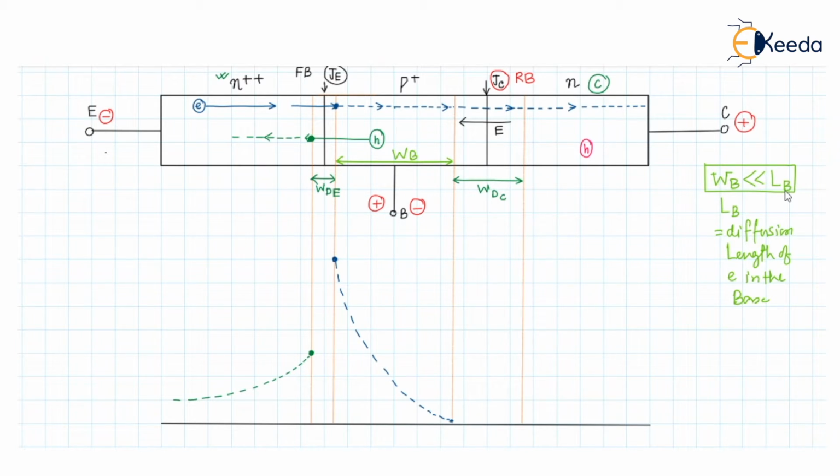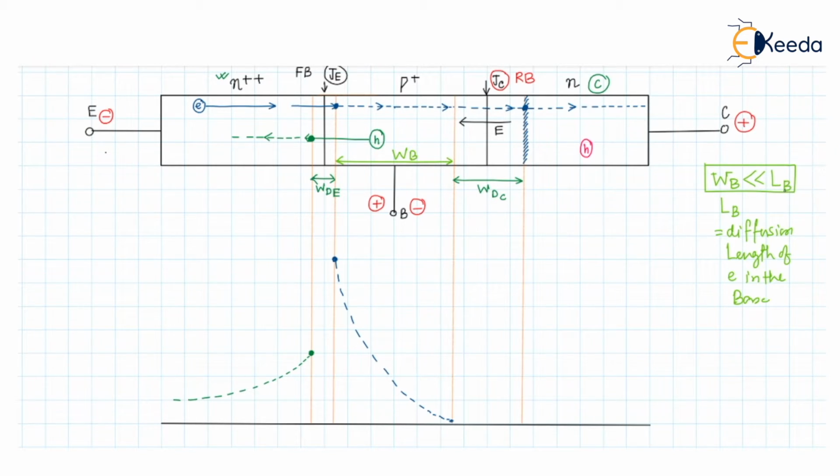Now, if we see the minority carrier concentration inside the collector region, at the edge of the JC junction there will be a high concentration of electrons, because the electrons are coming from the base to the collector. At this edge there will be high recombination of electrons and holes, because some minority carrier holes are present inside the collector.